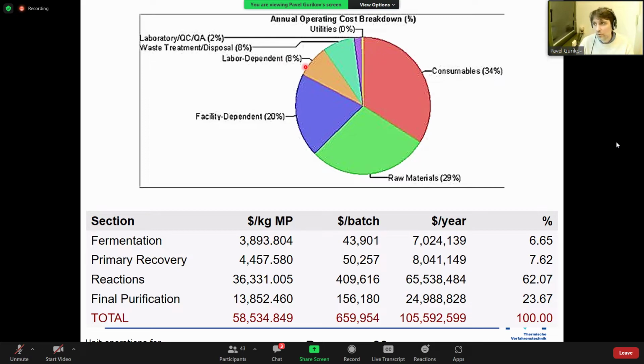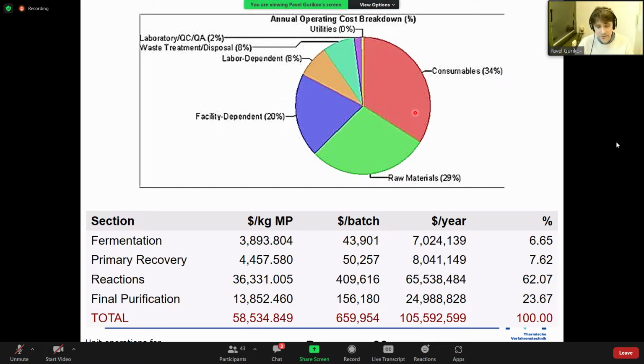But if all your suppliers suddenly tell you that all the chromatographic stationary phases are now going to cost 20% more, because you consume them a lot, this will increase this segment quite significantly, and then of course it will drive up your overall costs. The same is applicable for raw materials.